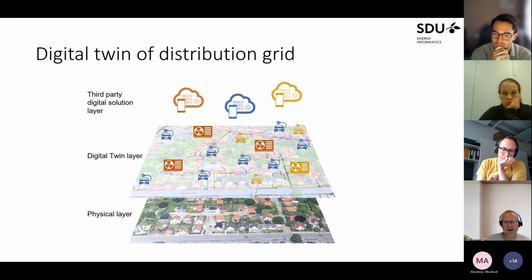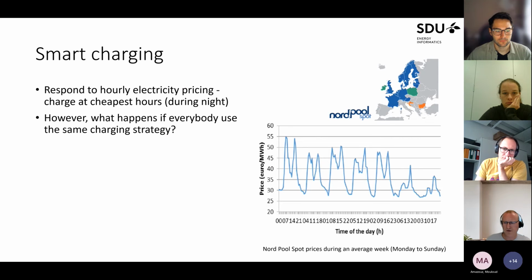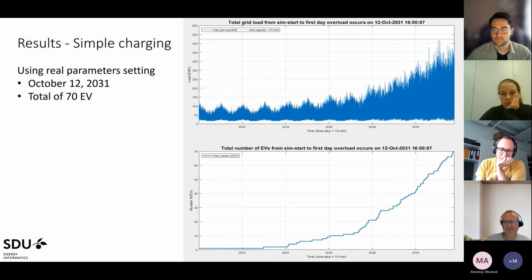What we have implemented are strategies from the literature, but also some of the strategies that are actually being used by the EV charging suppliers today. As input for these charging strategies we have just the price signals, because most of these strategies try to charge the EVs when the price is low.